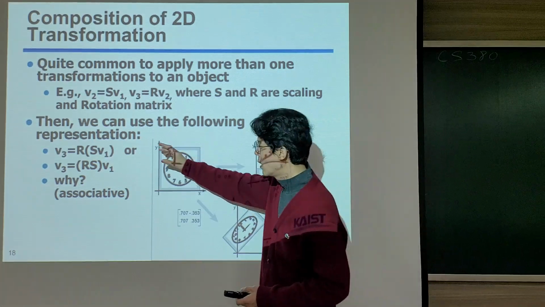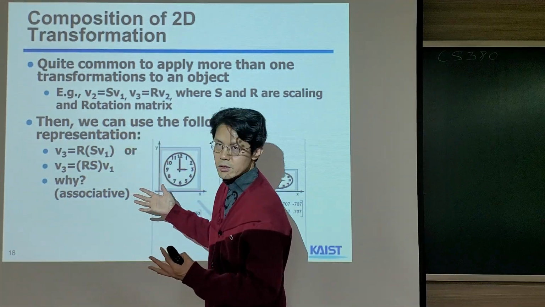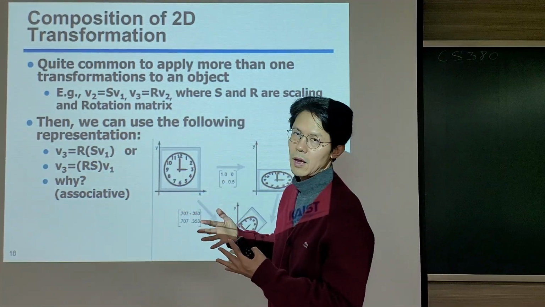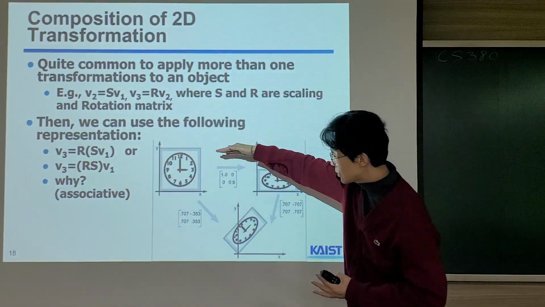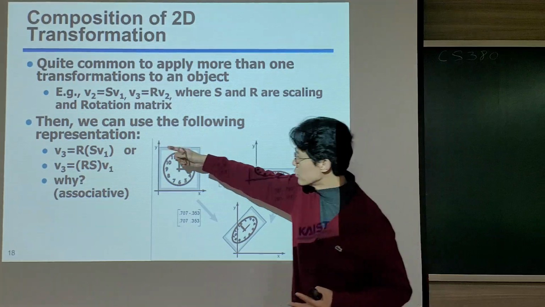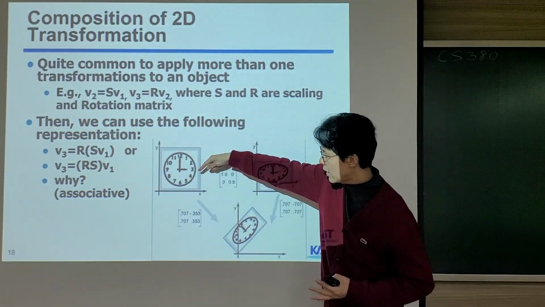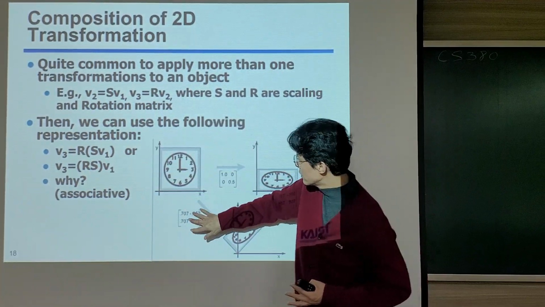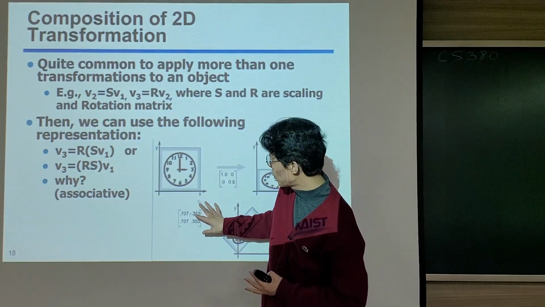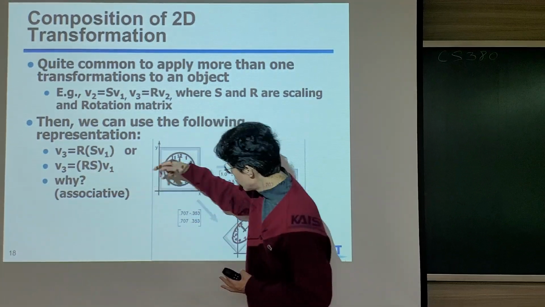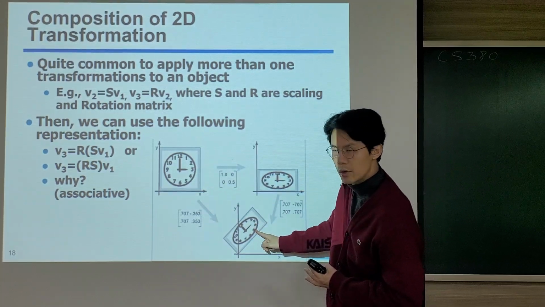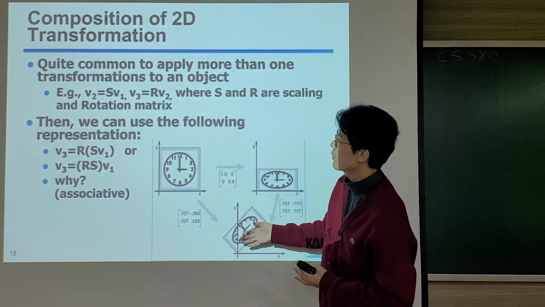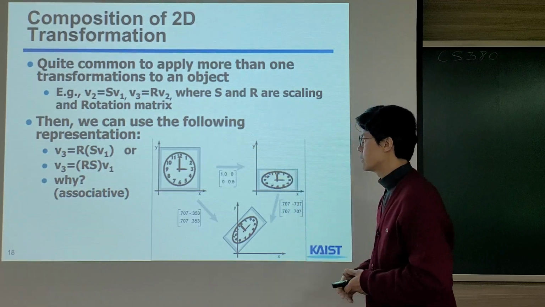Since matrix multiplication has the associative property, we can combine them together, right? We can multiply them and make a new matrix, which is the matrix corresponding to RS. By applying this one matrix, we can get the same result as performing the scaling and also the rotation.